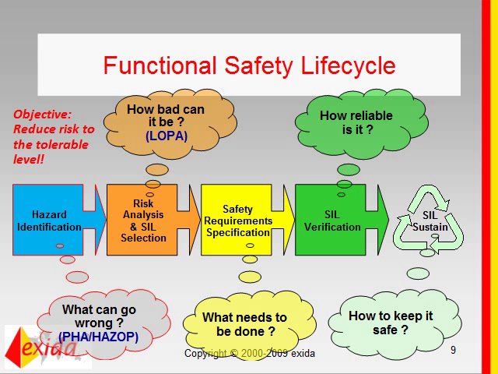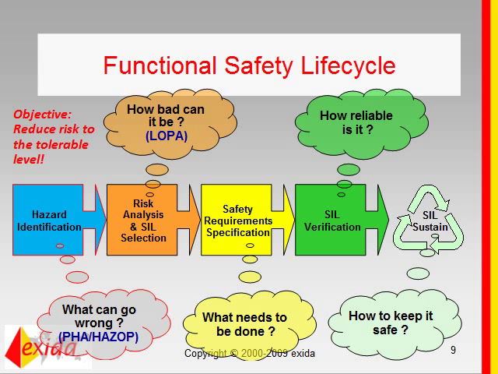We do a hazard identification through a PHA or HAZOP. What can go wrong is the question that we're trying to answer. This is followed by the risk analysis and SIL selection. How bad can it be? For example, we could do a layer of protection analysis, and of course that's the topic of today, so we will be talking more about that.